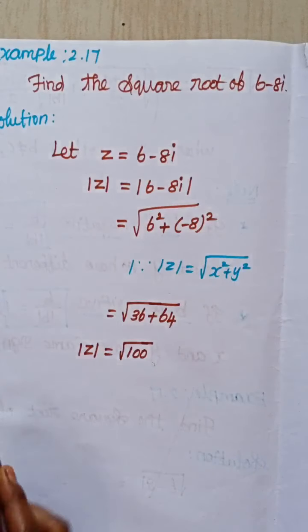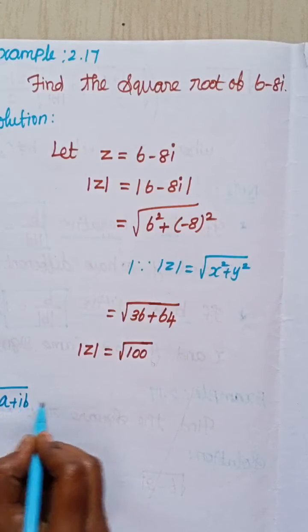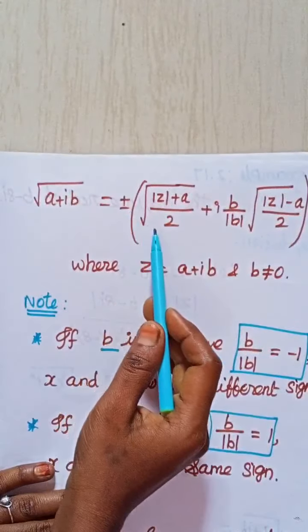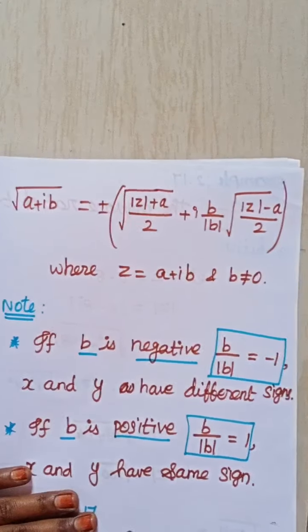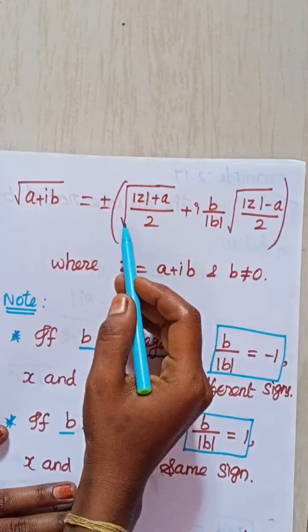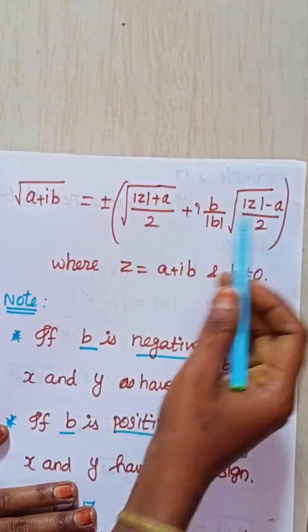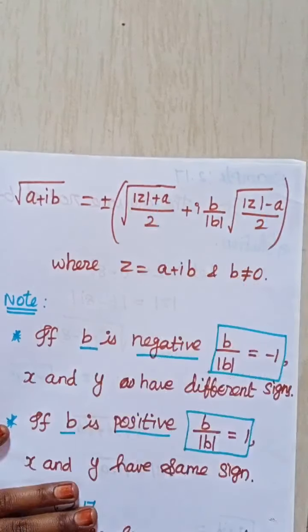We know the formula. What is the formula? Square root of a plus ib is equal to plus or minus square root of (modulus z plus a) divided by 2. See, easily understand the formula first. Here the square root is common, modulus z is common, a is common, and 2 is common. Only the sign differs: here plus a, here minus a.